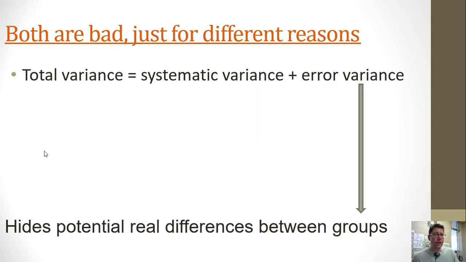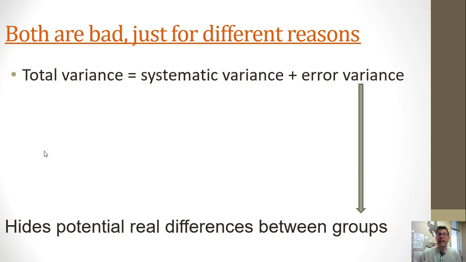Error variance, on the other hand, this is bad, but for a different reason. It makes it difficult for us to interpret our results, because it might hide actual differences between the groups. In other words, in reality, it might be that the study guide group scores higher than the non-study guide group.